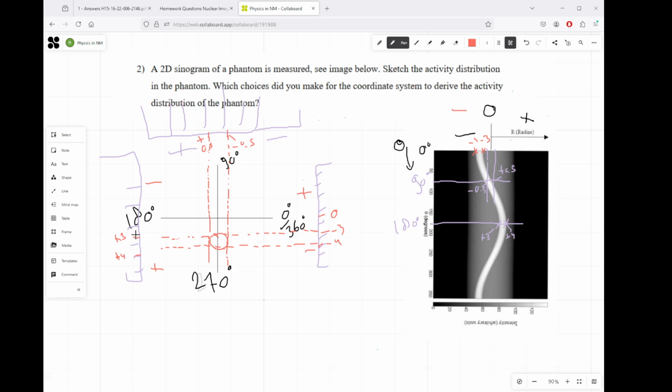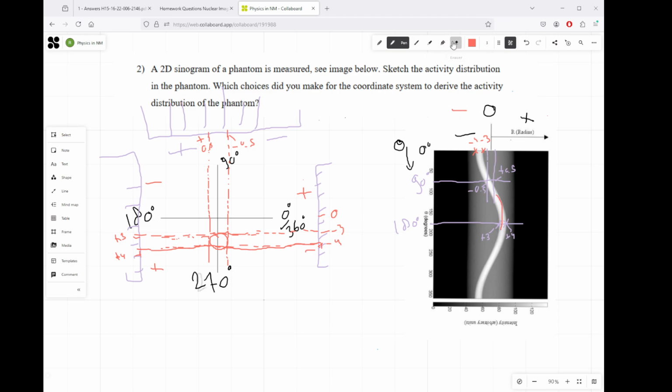So again, the same lines, and as you can see, you might have an idea of where the object should be, roughly here. So this gives you an indication of where the object is for this sinogram right here.